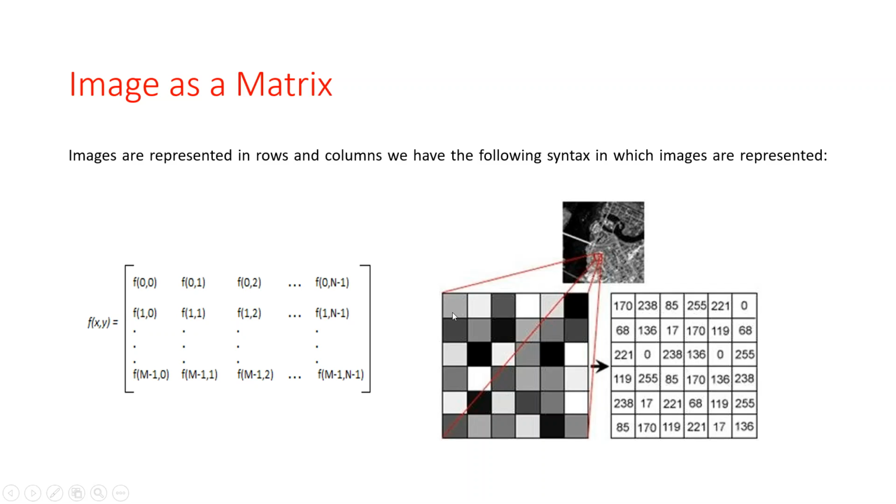So this is a gray part, white part, then dark gray part, white part, black part. Each pixel has some value, that is 170, 238, 85.